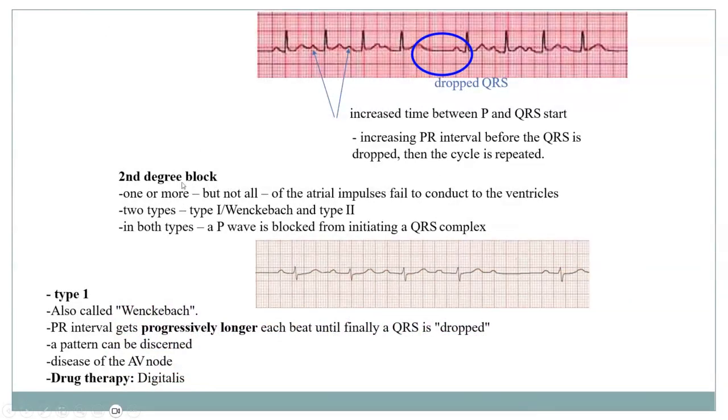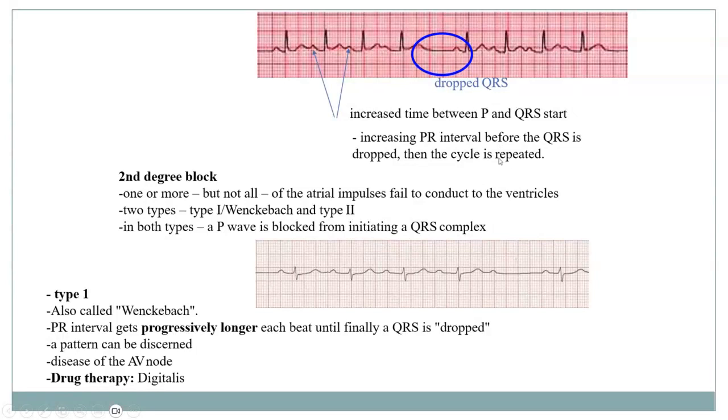For second degree heart block, we have two types, type 1 and type 2. There is partial blocking of conduction, not a complete blocking. There will be an increase in the time between the P wave and the QRS start, which means a prolonged PR interval, so the PR interval keeps increasing before a QRS is dropped.